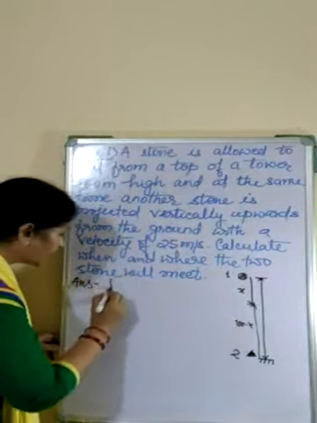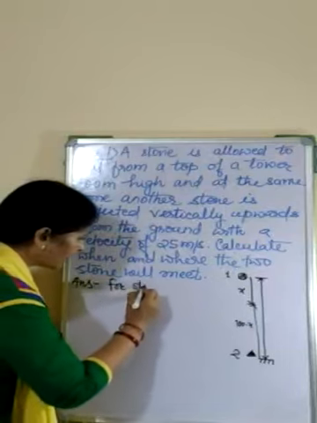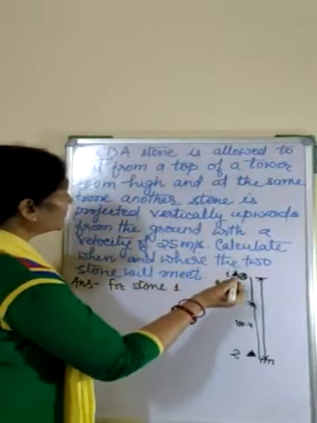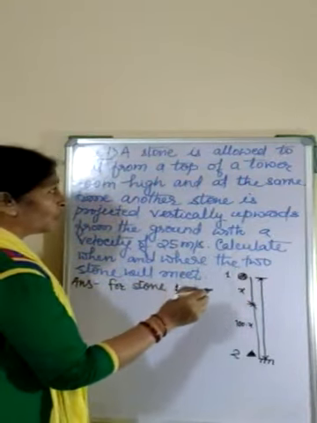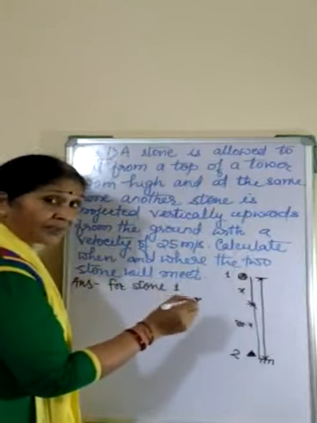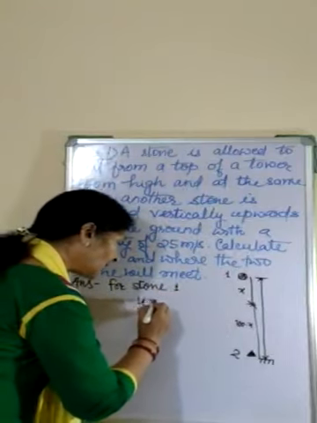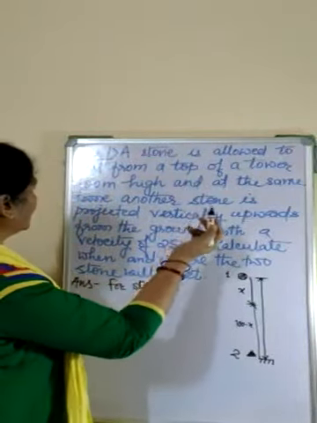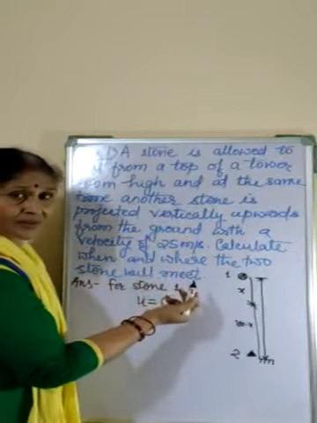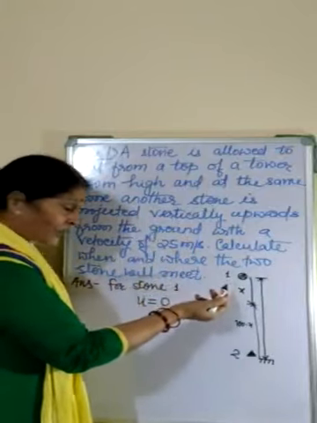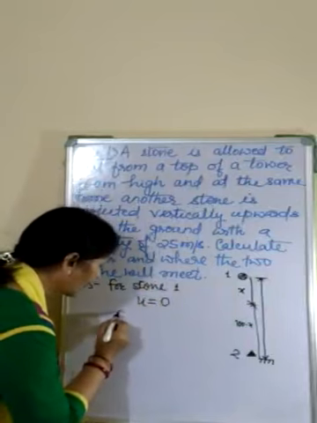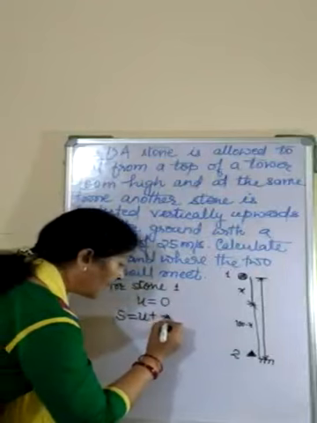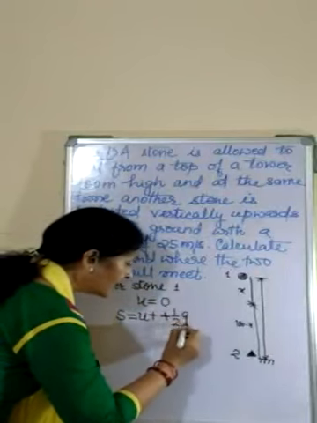For stone 1. Stone 1 is allowed to fall from the top of the tower, which means the initial velocity of the stone is 0. Nothing more is given there about the stone 1. So the distance travelled by the stone 1 will be ut plus half gt square.